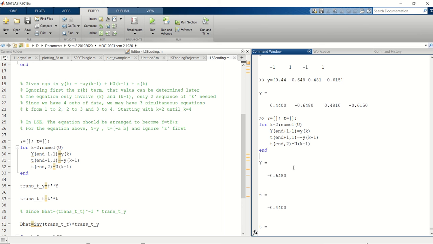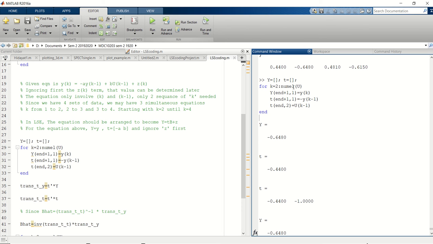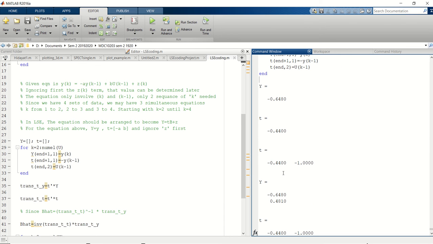The first iteration where k equals to 1 only assigns the first value of y, and for theta, the first one we assign the first column, and then for the second one we assign this value.